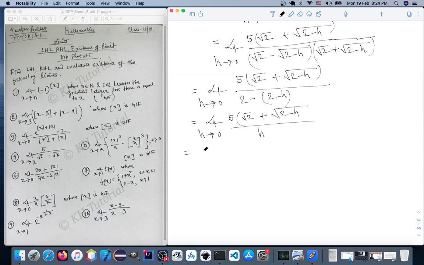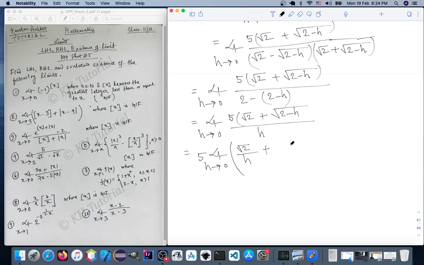This equals, if we take the 5 out, this becomes root 2 by h plus root of 2 minus h divided by h.